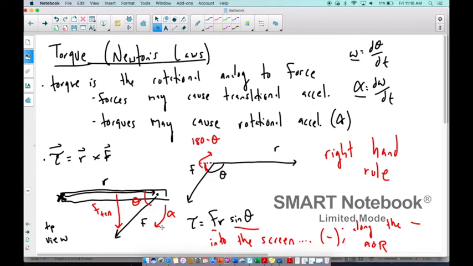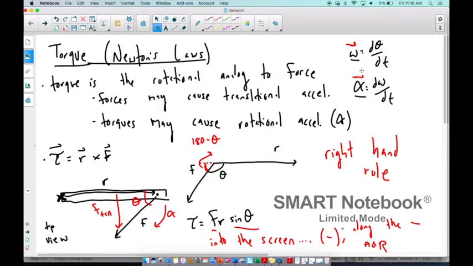Does that make sense? In fact, I failed to mention this earlier, but angular velocity and angular acceleration, those are both vectors, right? I just talked about them briefly as, clockwise, counterclockwise, etc. But they also follow the right-hand rule. Really, truly, we define their direction as being positive or negative along the axis of rotation.